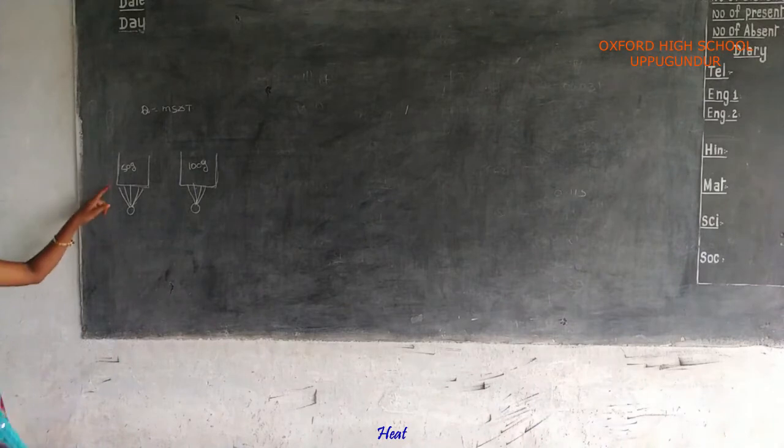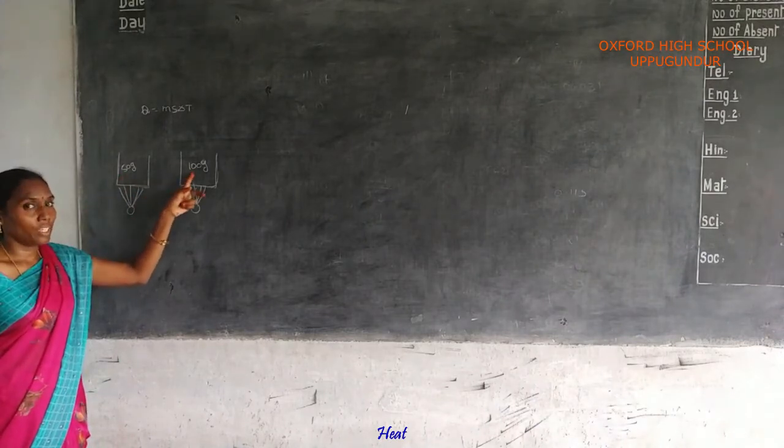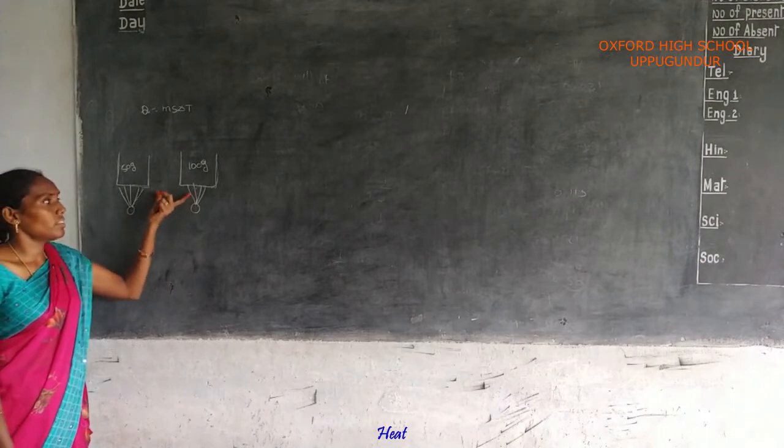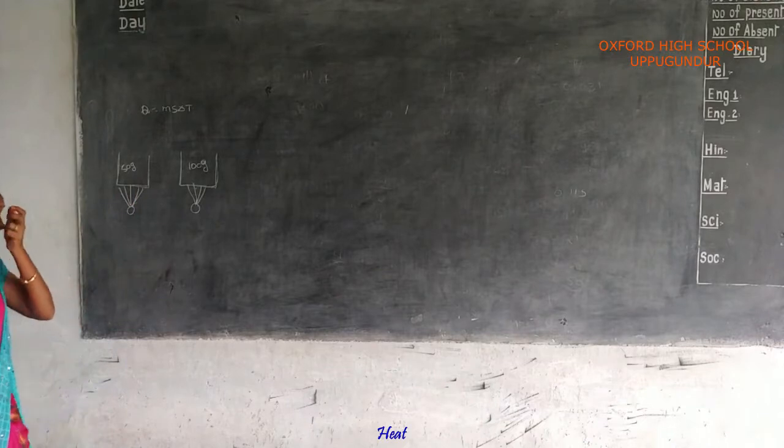Okay? Here 50 grams of water, here 100 grams of water. Here mass is different, but the same amount of heat energy will be supplied to these 2 bowls.